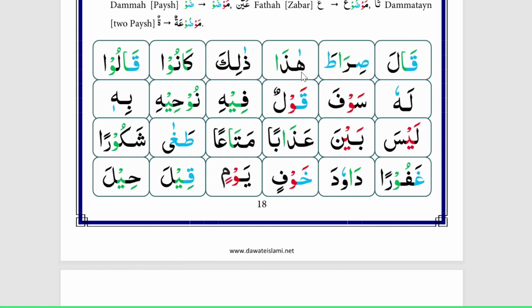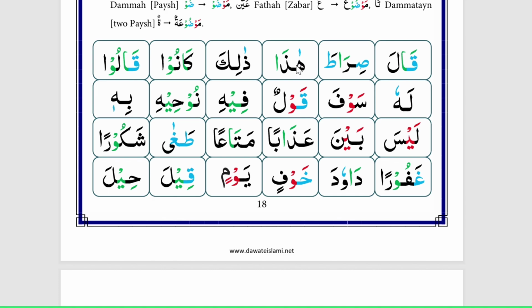Okay, next word is Ha, Khada Zabar, Ha, Zal, Alif, Zabar, Za, Ha, Za. Khada zabar, khada zir and ulta pesh are actually Madda letters. You can say this khada zabar is actually alif madda.